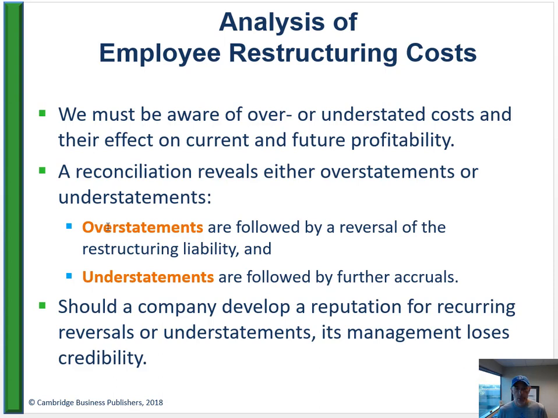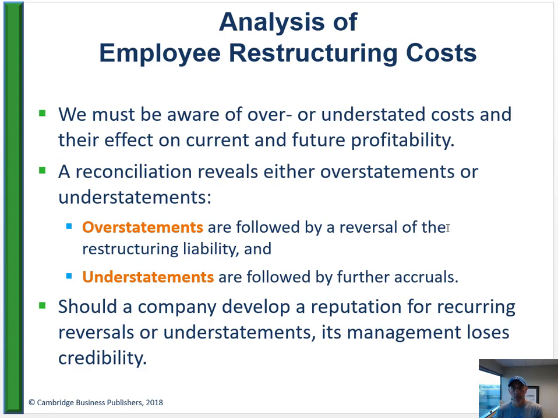And if it is, recognize that any overstatement in those restructuring costs will reverse itself over time, and as it reverses itself, the expense that we originally recorded will be a reduction to the liability. So we didn't spend as much as we thought we would, and therefore the original expense was overstated, and we will put that back onto the income statement in a reversing entry that will show up as a gain or a reversal of that initial expense.